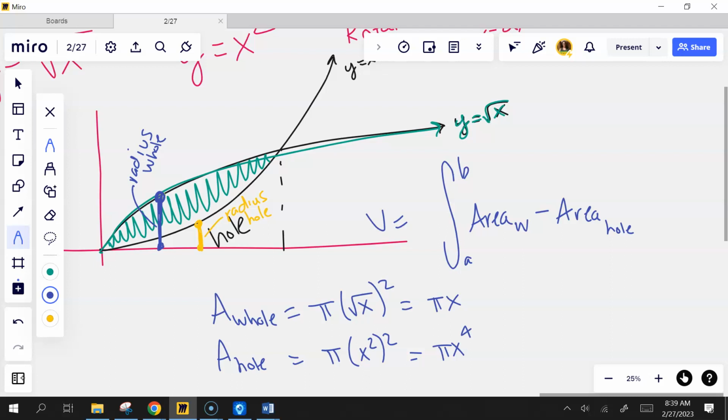Now if I want the volume of this as it rotates around, what am I going to do? How do I know my bounds? You see where they intersect. Where does the square root of x equal x squared? We know this is 0, 0. So I know I'm going from 0.